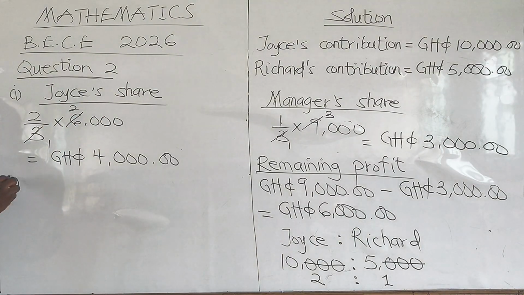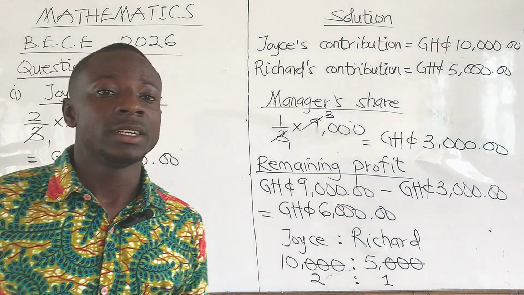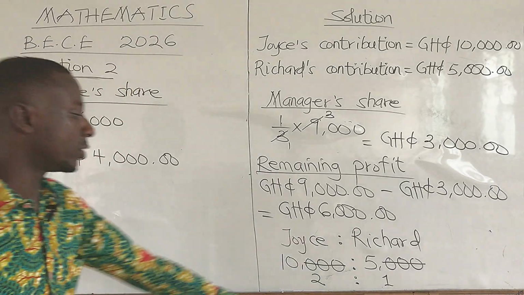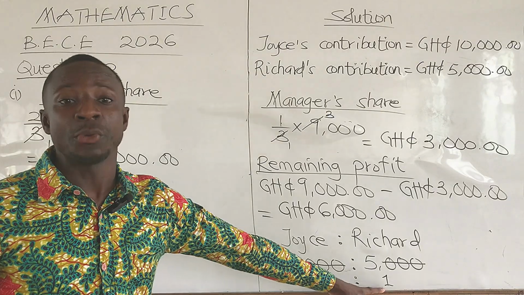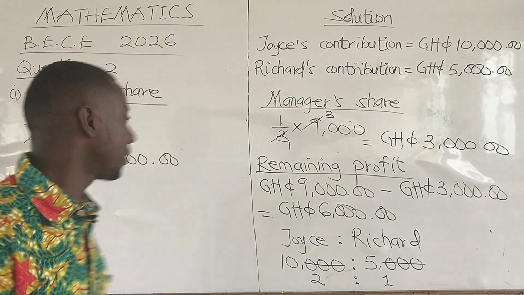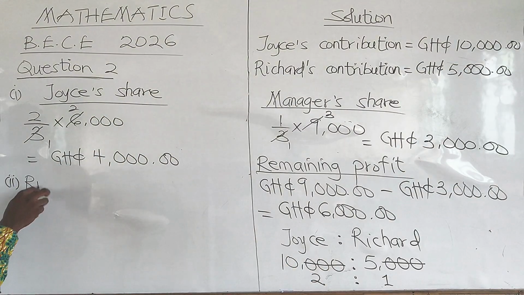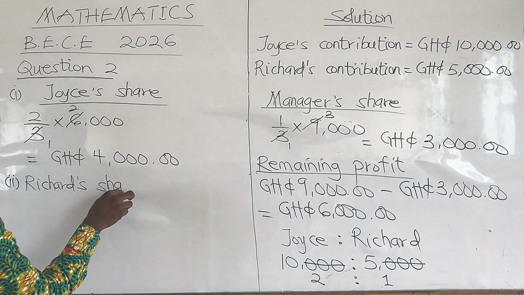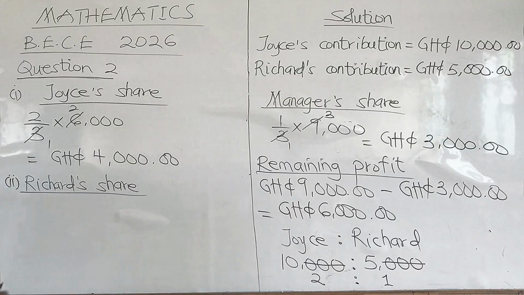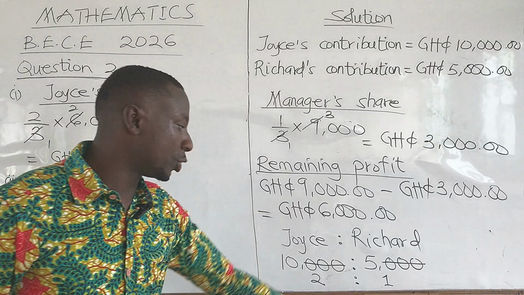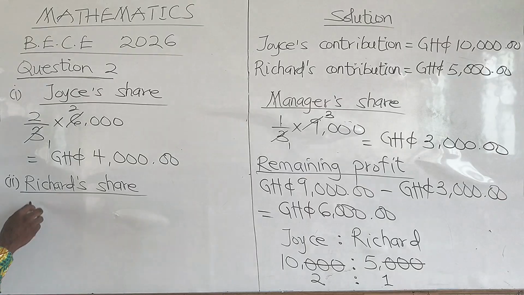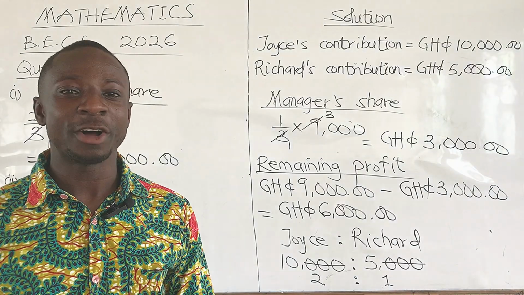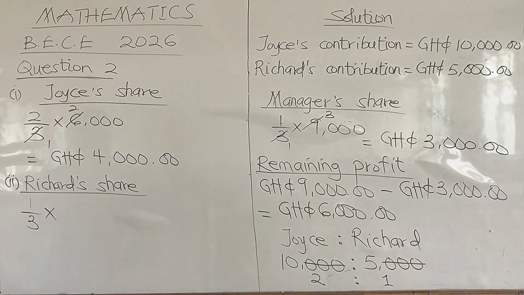Now, I also talked about Richard's share in total. So here we need to know how much Richard is going to receive. So from here, Richard's share is going to be the ratio for Richard, 1 out of the same 3 being the total ratio, multiplying the 6,000.